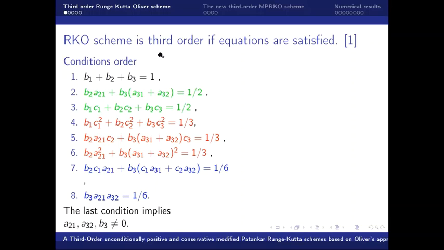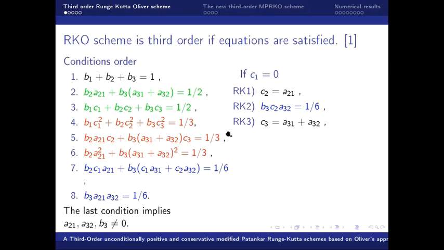Runge-Kutta Oliver scheme is zero order if the A equations are satisfied. These equations are from Pythagoras. If C1 is 0, equation 7 and equation 8 reduce to equation RK2 on the right.